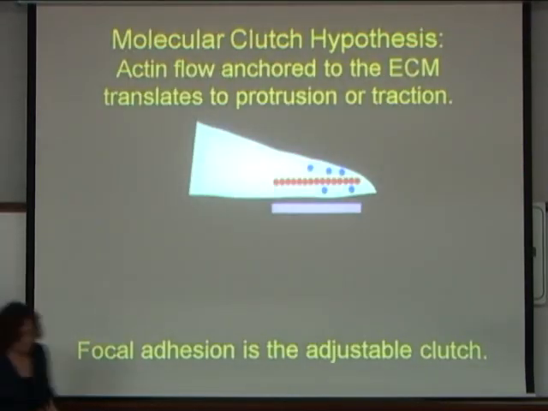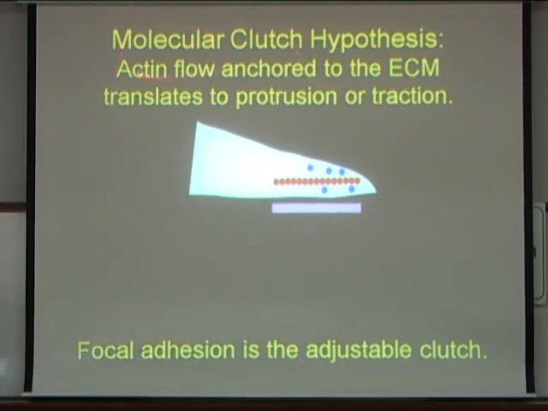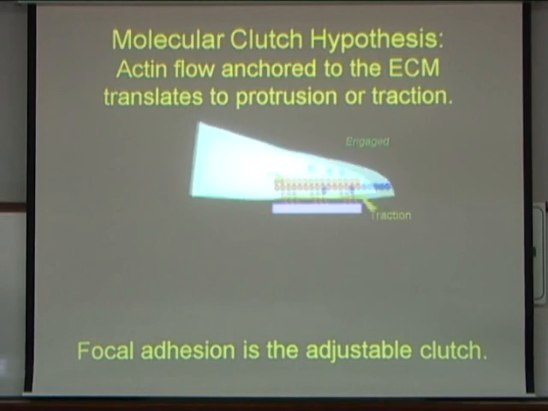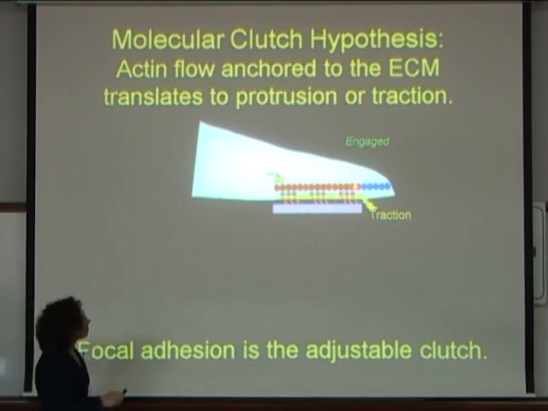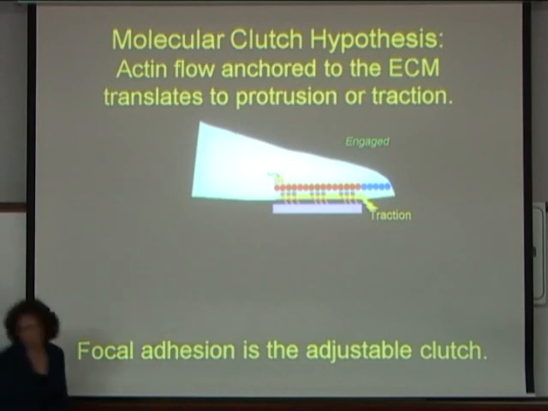So a hypothesis has been developed since people recognized this retrograde flow of the actin cytoskeleton called the molecular clutch hypothesis, where if you have this either polymerization-driven or motor-driven actin retrograde flow at the front of the cell, you have to anchor that to the substrate through the focal adhesion in order to either allow this actin to be linked to something to allow the assembly of the new filaments to drive the leading edge forward, or to resist the motion of a myosin motor pulling on those actin filaments.